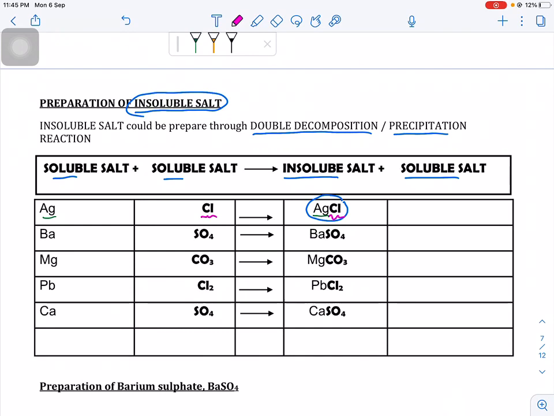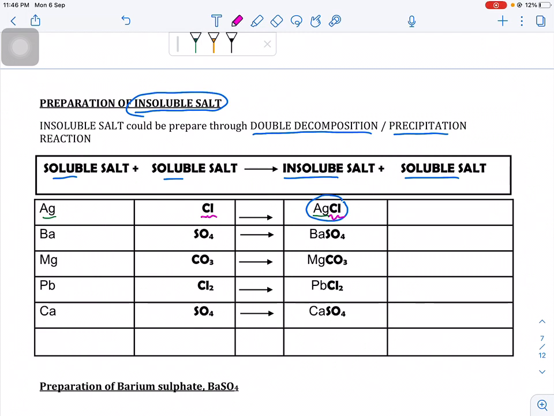So baru kita dapat silver chloride. Okay, so what I need to do is suggest any soluble salt that contains silver ion. For this one you have to memorize the table of soluble and insoluble salts. So what is the example of a soluble salt that contains silver, soluble silver?